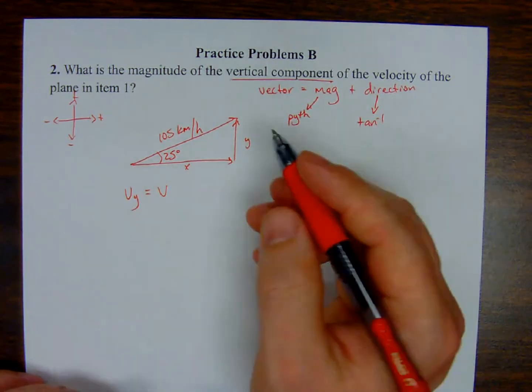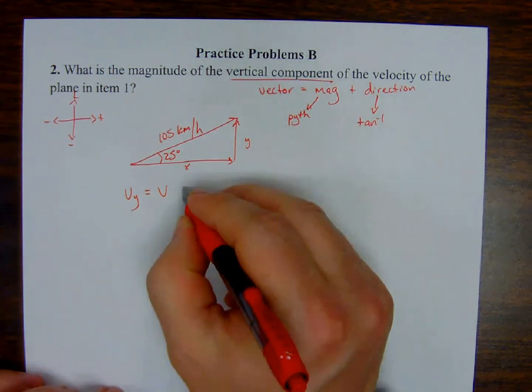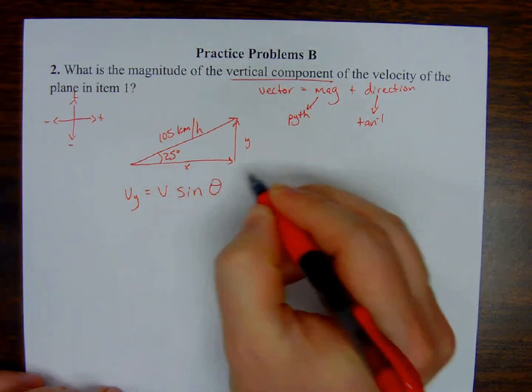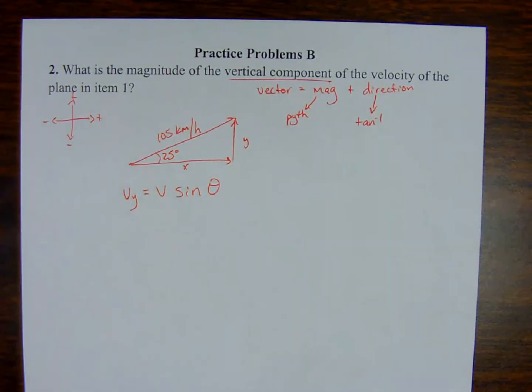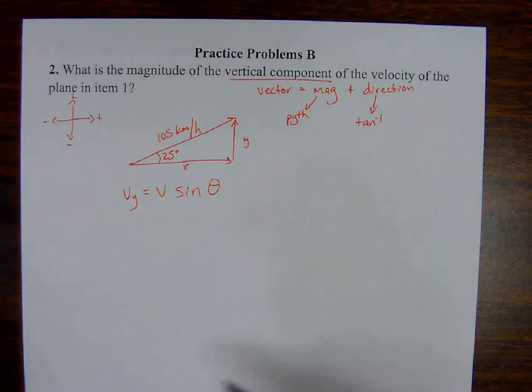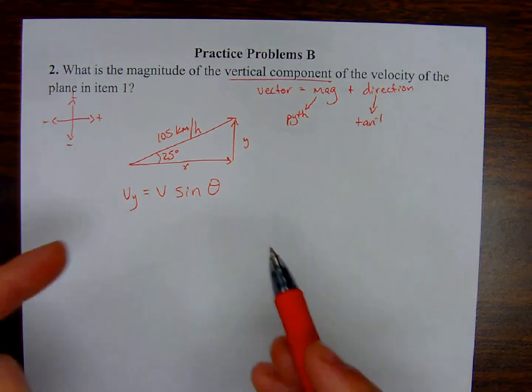Now, if you watched item 1, the previous video in the playlist, you might be thinking, okay, last time you used the cosine of the angle to solve for the horizontal component. This time you're using the sine. How do you know which one to use? Because remember your rule, SOHCAHTOA.